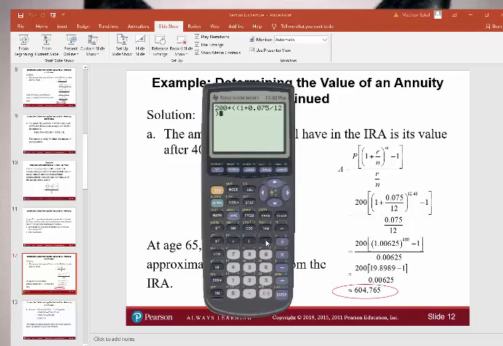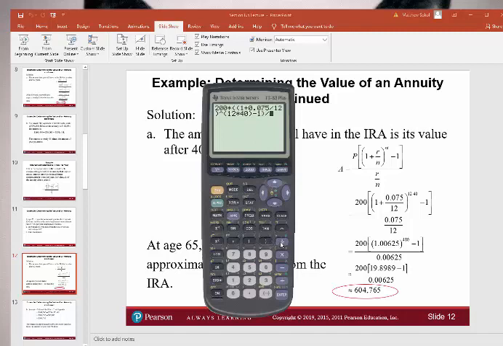Close that set of parentheses. Now raise it. In this calculator, to do the 12 monthly payments times the 40 years, you have to put this in parentheses, 12 times 40. I'm going to close that parentheses. Now I need to do minus 1. Now I need to close the outside set of parentheses.